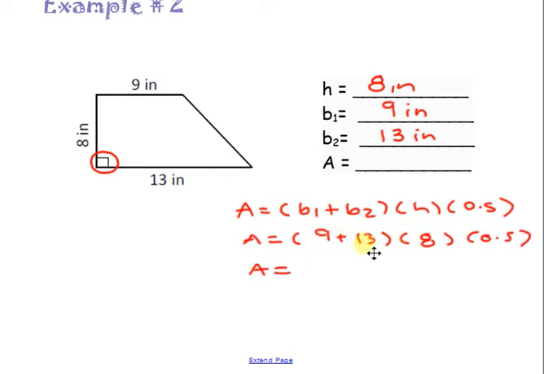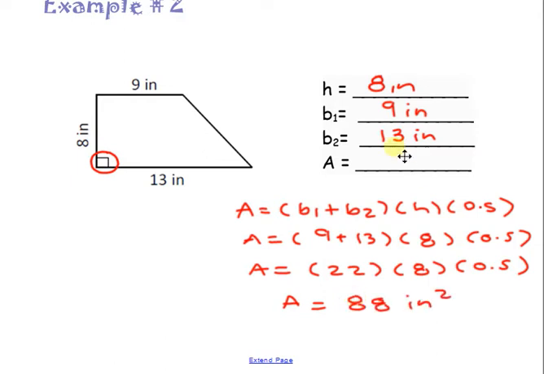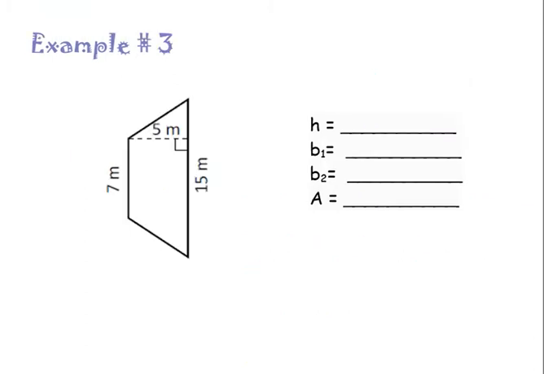Area equals 9 plus 13, that's going to be 22, times 8 times 0.5. When you multiply all of that together, you're going to get the area of 88 inches squared. Alright, let's move on to the next one.